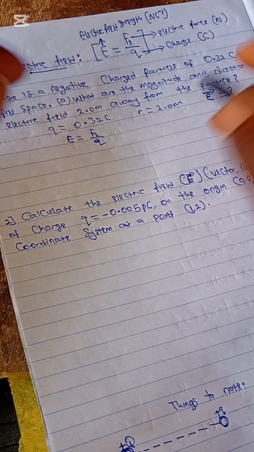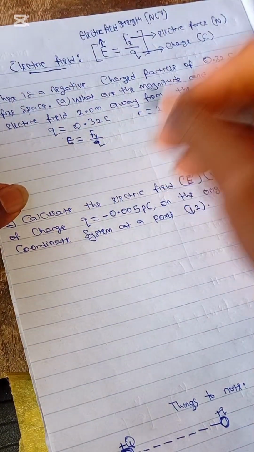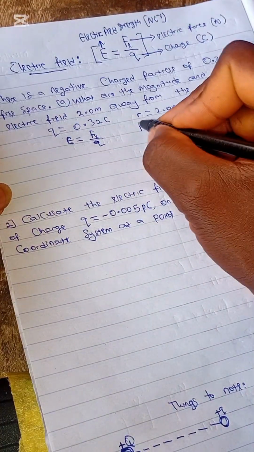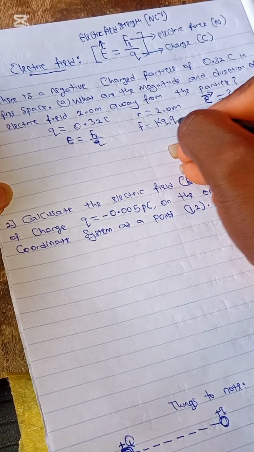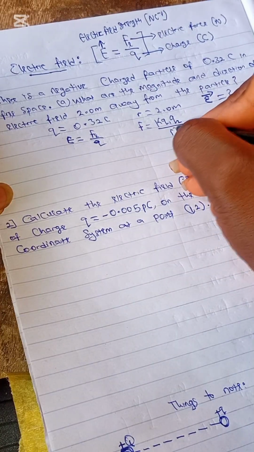There is no F. And we have R. So what do we do? We know that from Coulomb's law we discussed earlier, F equals K Q1 Q2 over R squared.